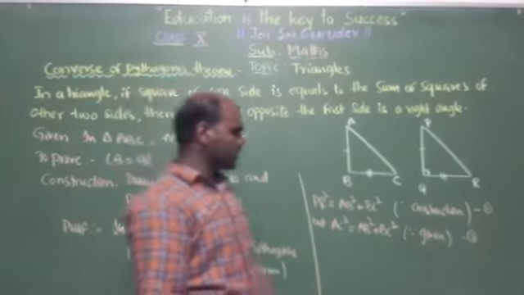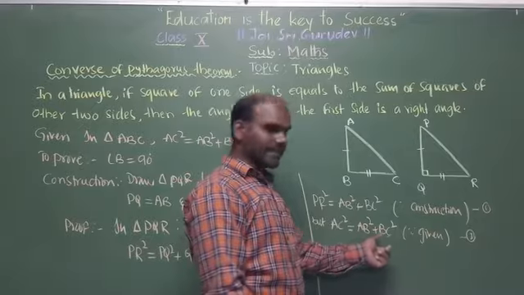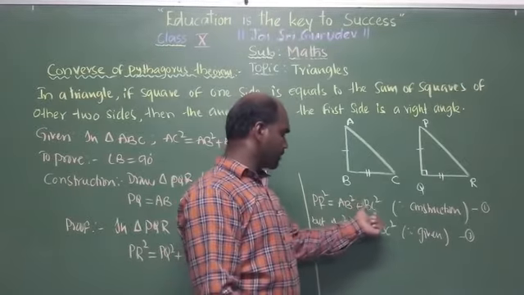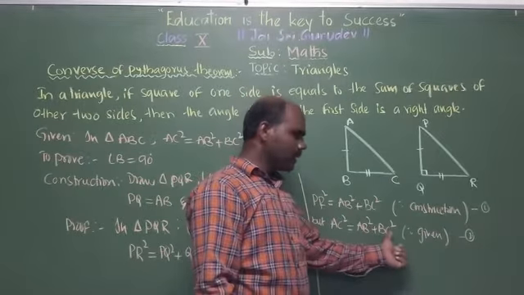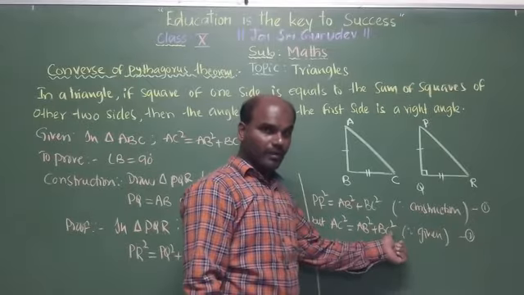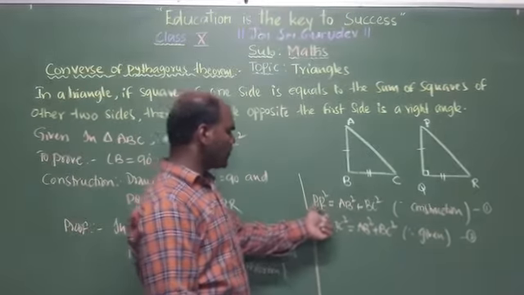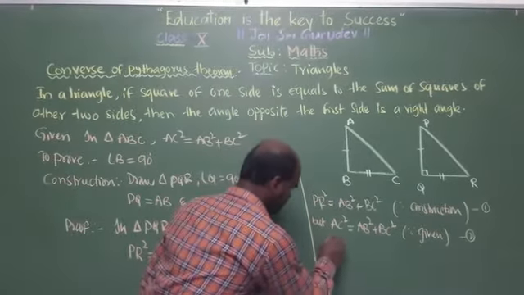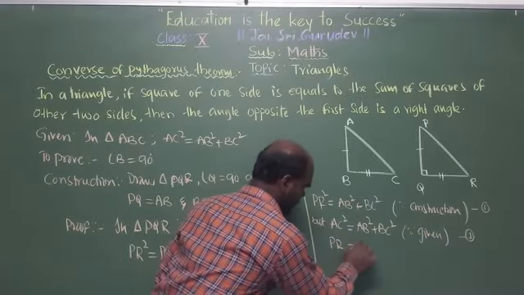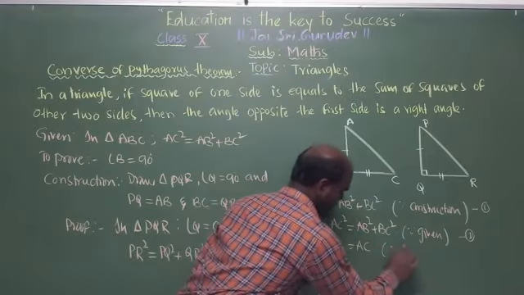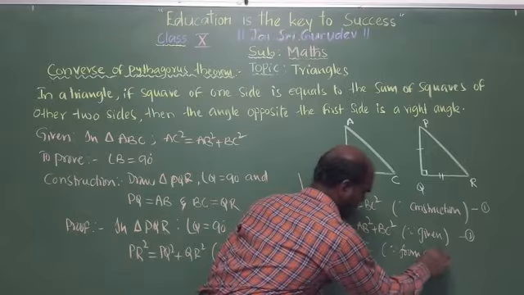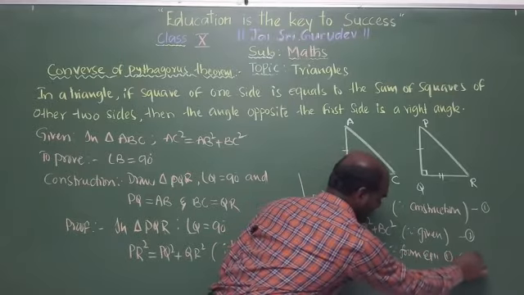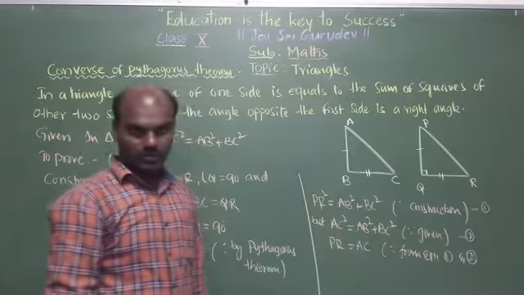In equations 1 and 2, the right hand side values are the same: AB square plus BC square. From equation 1 and 2, what do we get, children? PR is equal to AC. Yes or no, children?